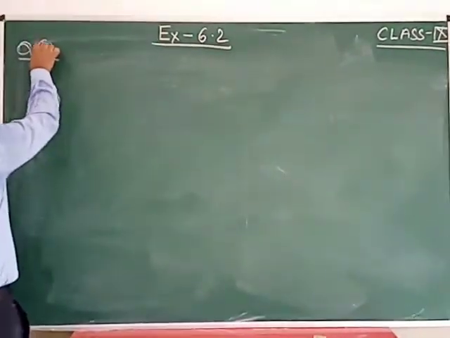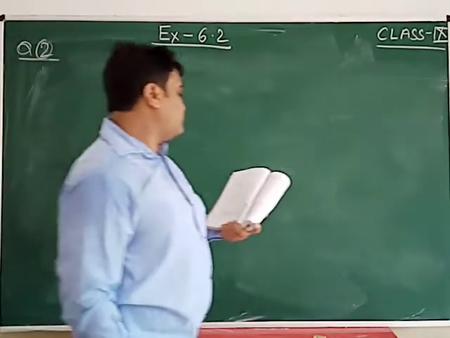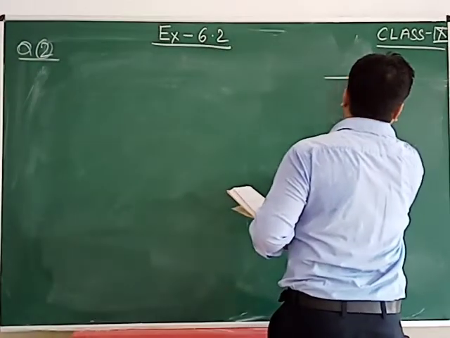Question number 2. It is given AB parallel CD and CD parallel EF. Three lines are here.